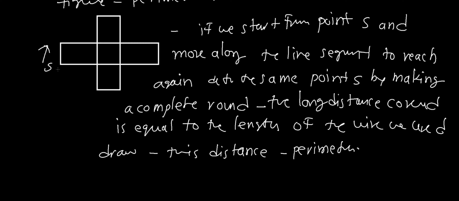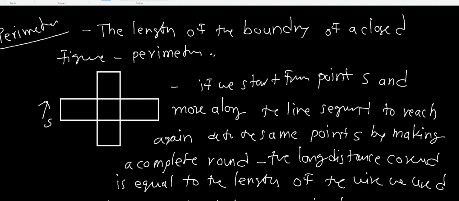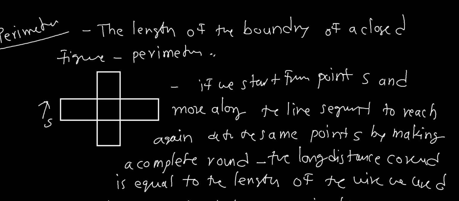So consider we used a wire to draw this figure, and we started with point S and moved along the figure this way to draw this particular pattern. I'm just showing the path here.